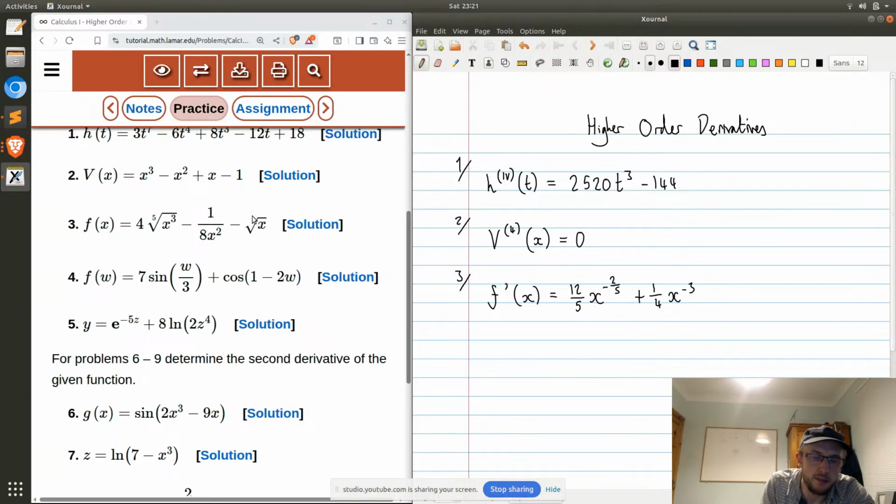And here, that's minus x to the half. So it'll be minus a half x to the minus half. Then do it again.